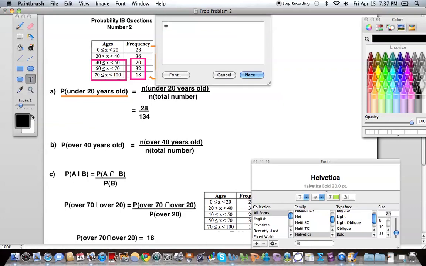So this will equal 20 plus 32 plus 18, and we're going to divide this by our total number, which was 134. And again, I know you're working on your calculator with this, and you probably already have found that 20 plus 32 plus 18 is going to be equal to 70, and we're dividing 70 by 134.